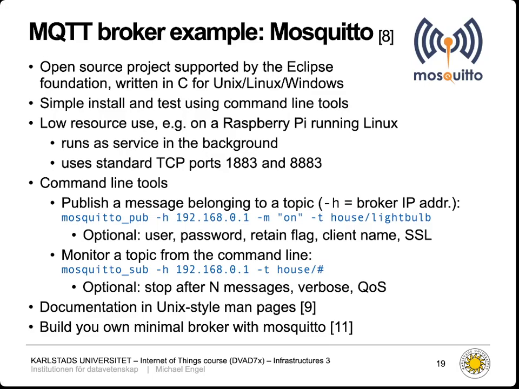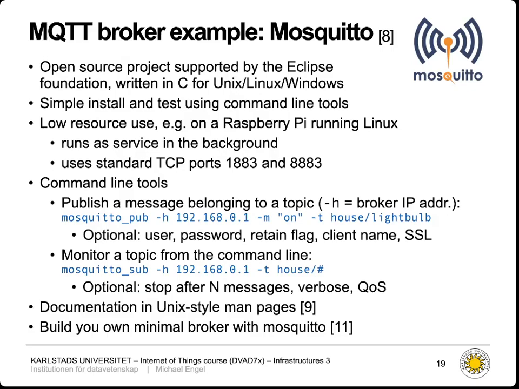When you have installed it, you can use a command line tool to publish a message belonging to a topic. So there's a tool provided along with the Mosquitto server called Mosquitto Pub, which gets a reception address because, well, we have to indicate it somehow. So we want to send it to the broker at address 192.168.0.1, which is indicated by the -h parameter.